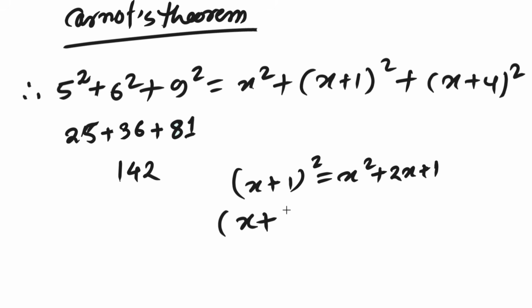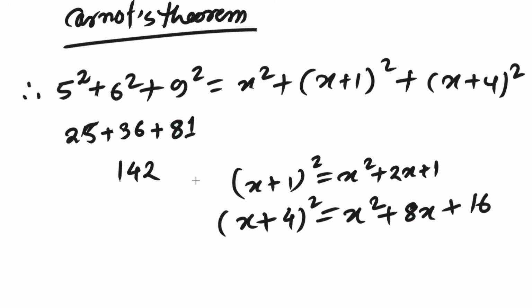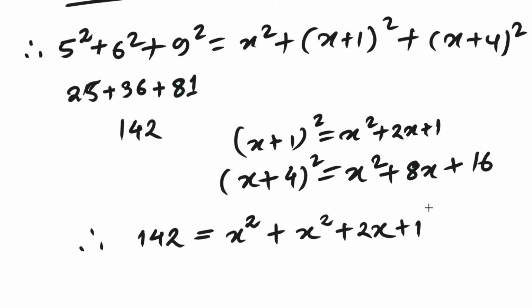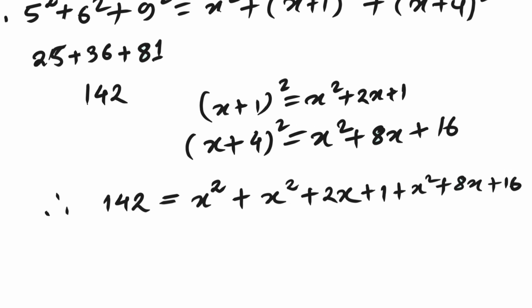Similarly, the quantity x plus 4 whole squared becomes x squared plus 8x plus 16. Therefore, our equation becomes 142 equals x squared plus the quantity x squared plus 2x plus 1, plus the quantity x squared plus 8x plus 16.